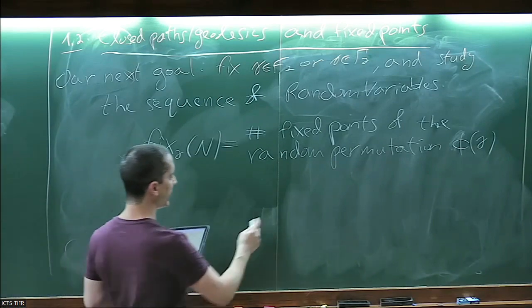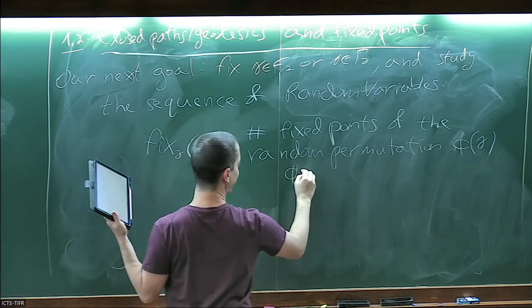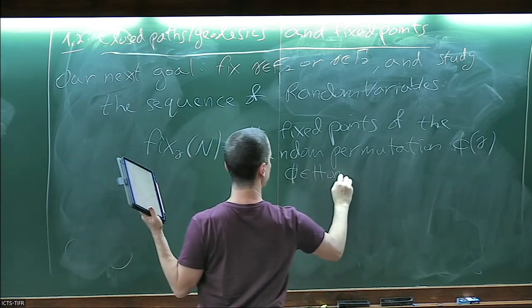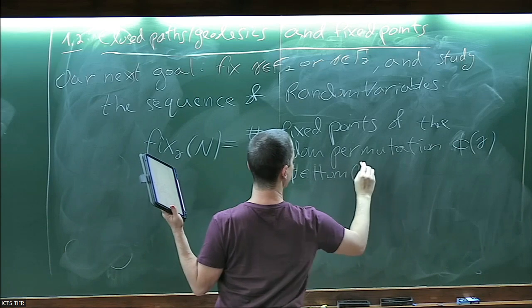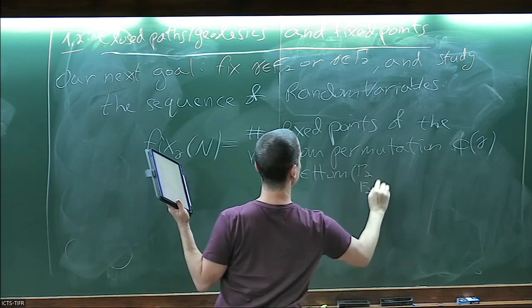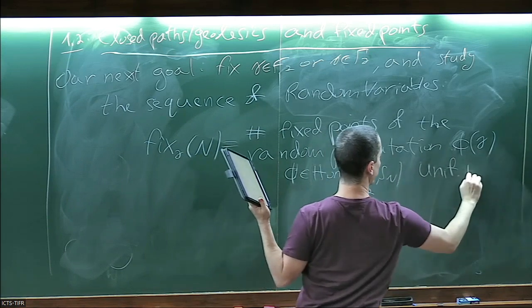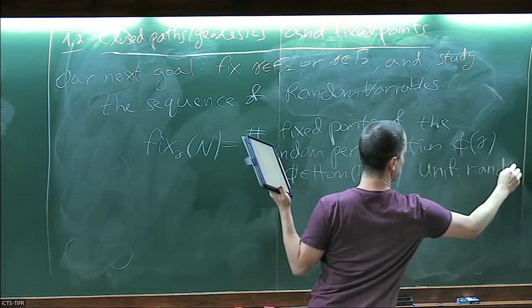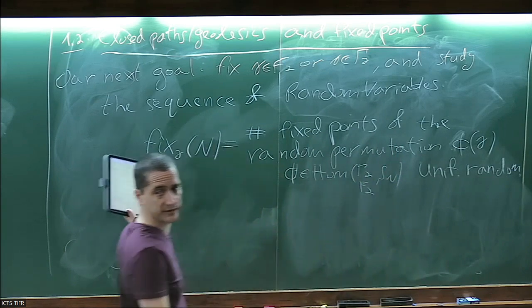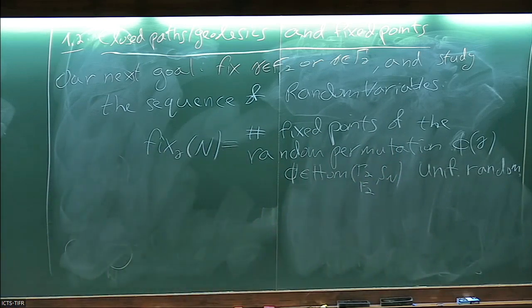Here again, phi is a homomorphism from gamma 2 or from F2 to Sn, and it's uniformly random. So this is where the randomness comes from.